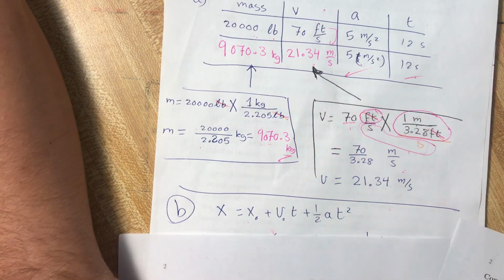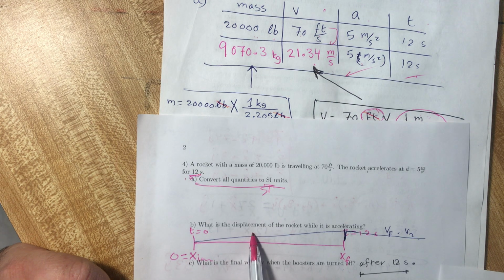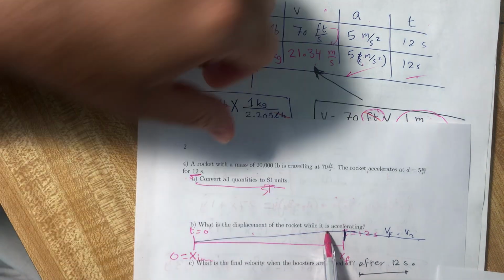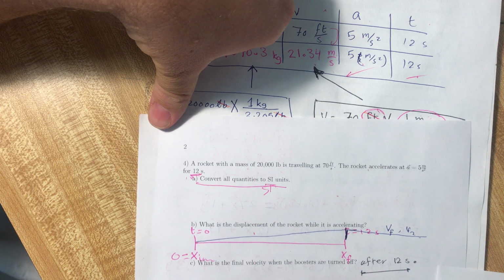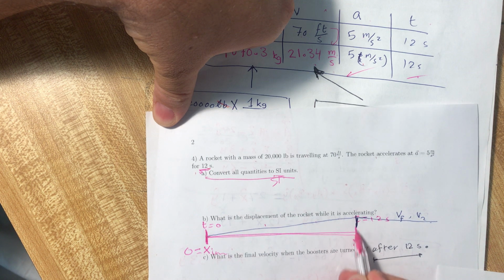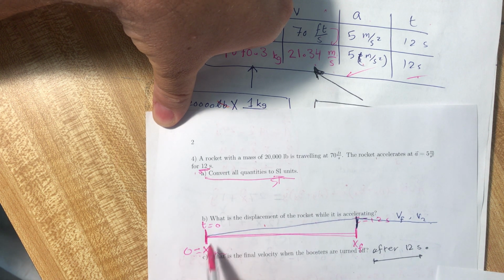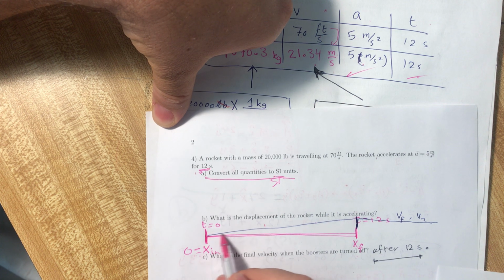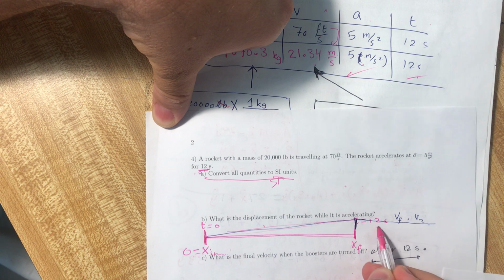Okay, the requirement B: what is the displacement of the rocket while it's accelerating? Okay, if the rocket moves from this point to this point at t equal to 0 and x equal to 0, it accelerates for 12 seconds.